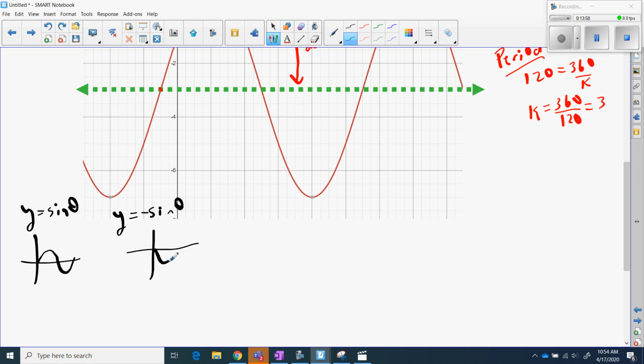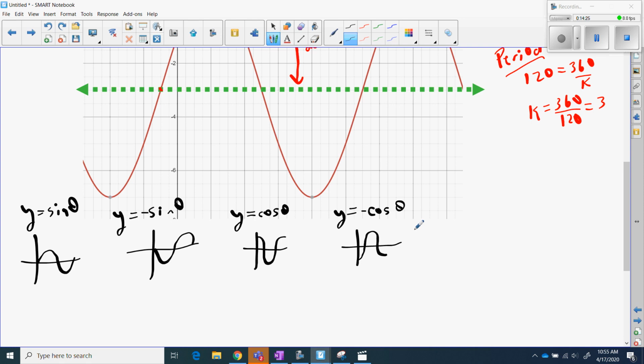So it goes down first, up, and back to here. Then there's cosine of theta. Cosine of theta, from our studies, we know starts at the high point, goes down, back to the high point. Negative cosine of theta, its pattern starts at the low point, goes up to the maximum, back to the minimum. These are the 4 basic patterns you need to know.